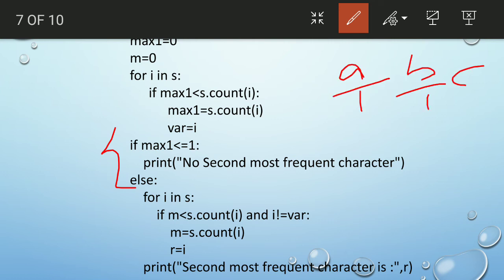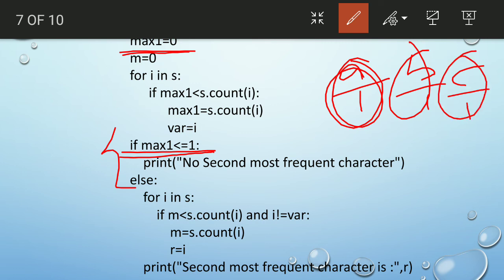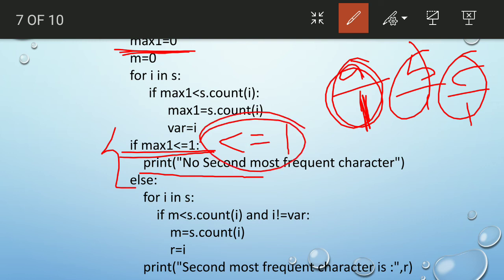We defined max with 0, but if it is less than or equal to 1, it means every character is occurring only once. If it occurs more than once, then it will have a second most frequent character.